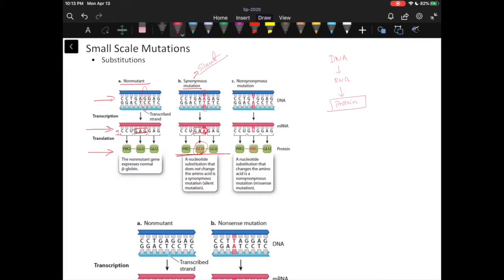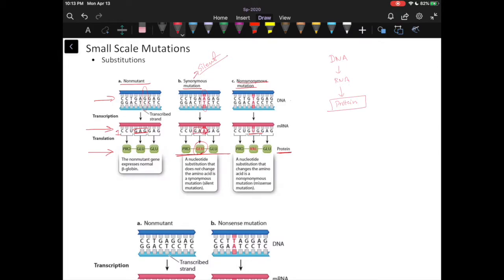It's silent. So moving on to a non-synonymous mutation. In a non-synonymous mutation, we actually do have a change in the amino acid sequence of our polypeptide. As you can see here on the second codon, we're going to have GUG.